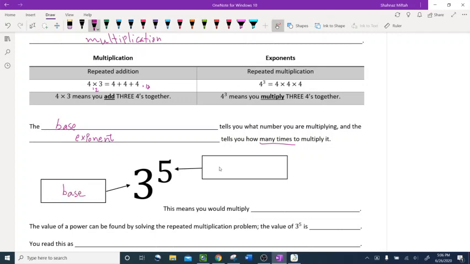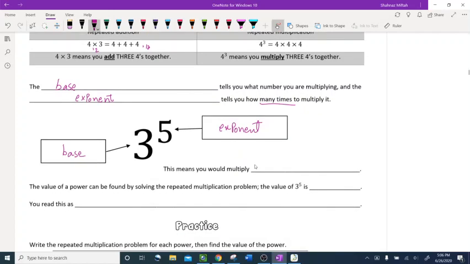This 5 is the exponent. This means you should multiply 3 five times: 3 times 3 times 3 times 3 times 3.